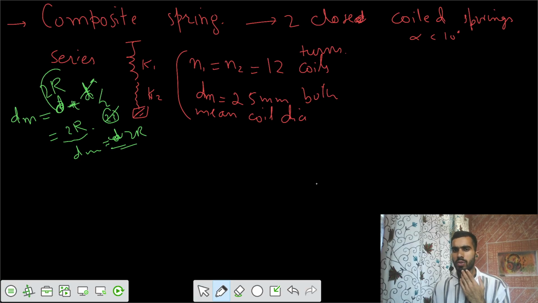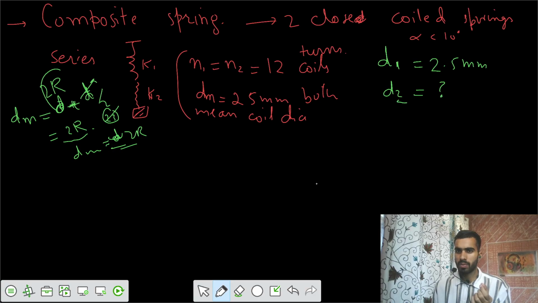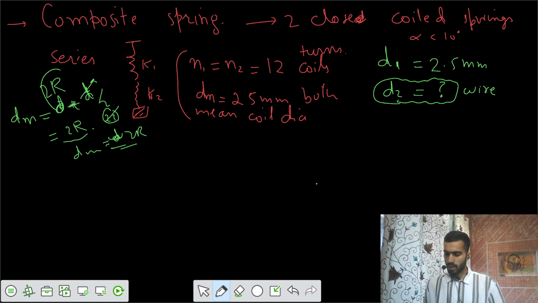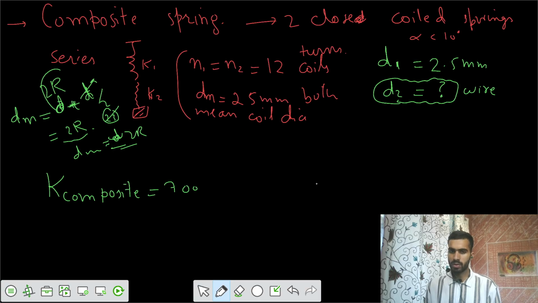So dm is 25 for both the coils, and the diameter of the first wire is 2.5 millimeter. You need to find the diameter of the second wire. It's also given that the equivalent K of the composite spring is 700 Newton per meter.